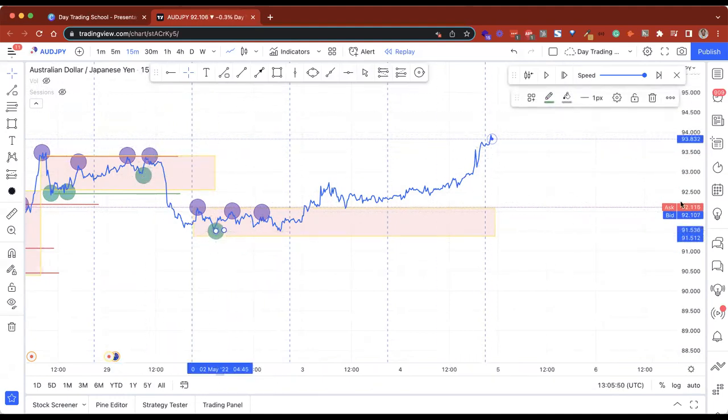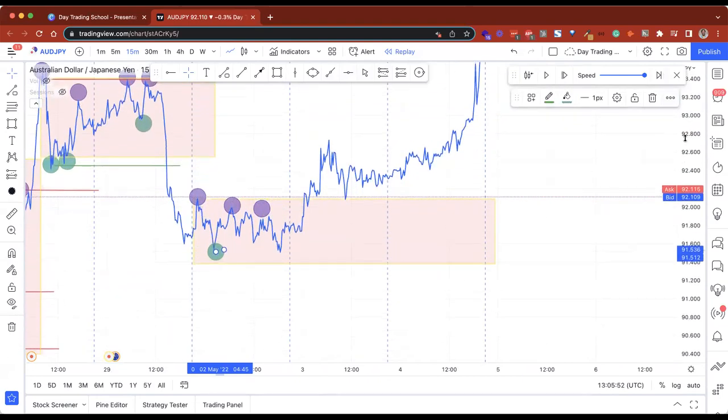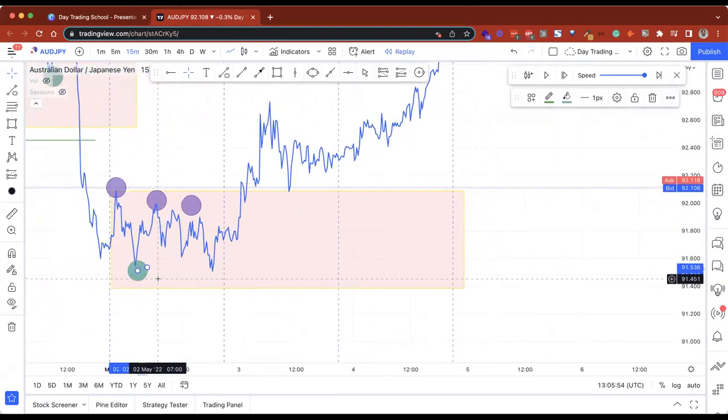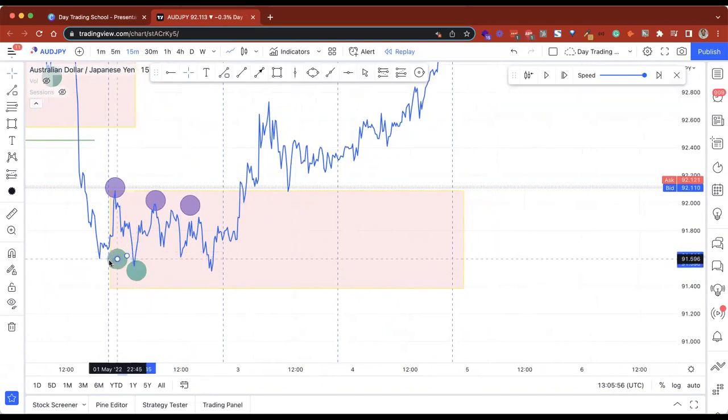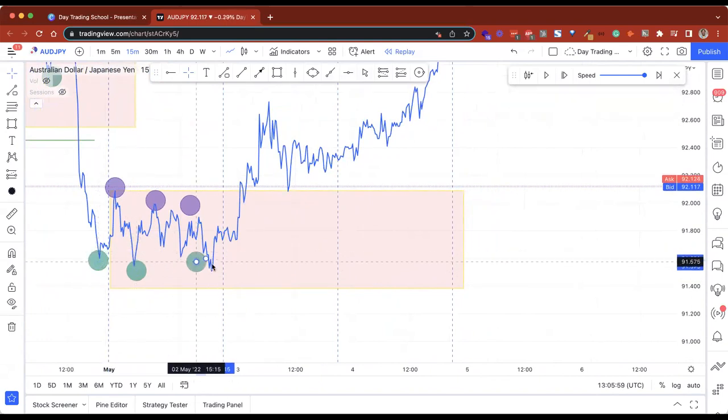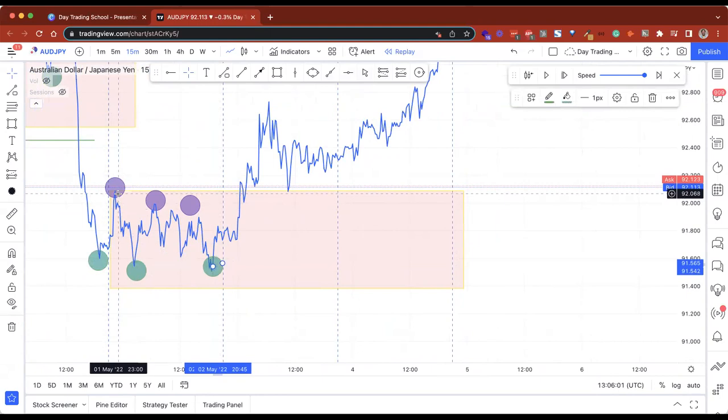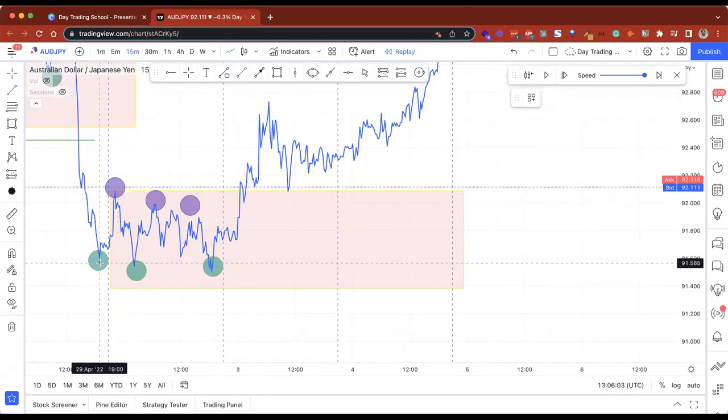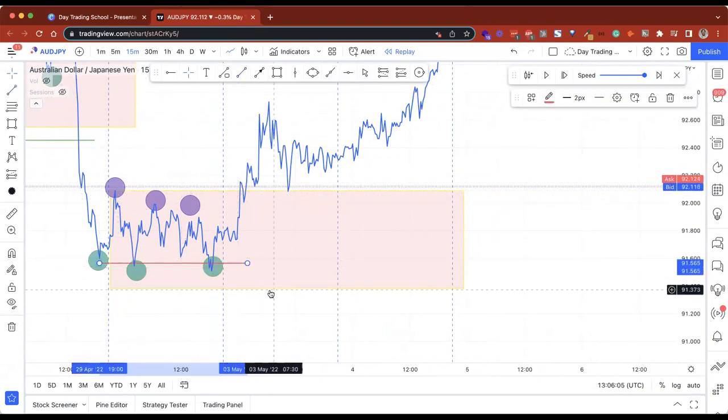Sometimes what may help is if you extend this and make it a little taller so you can really see the V's. I can see a lot more. Yeah, you can see a lot more depending on how you stretch the chart out. So we had our little floor right here.